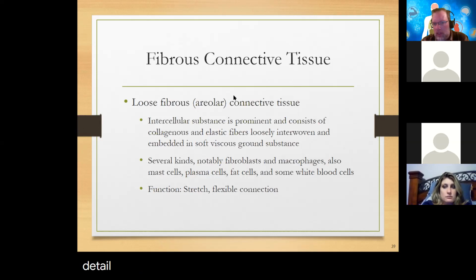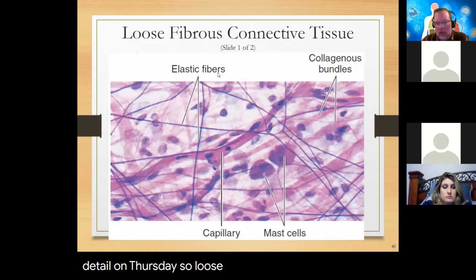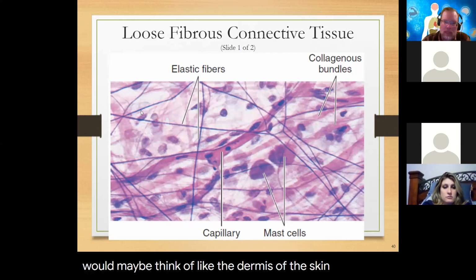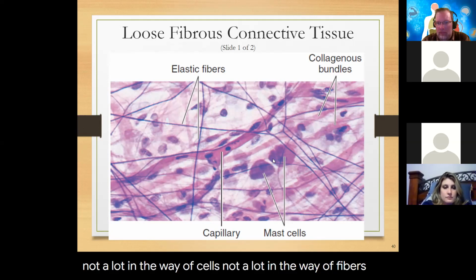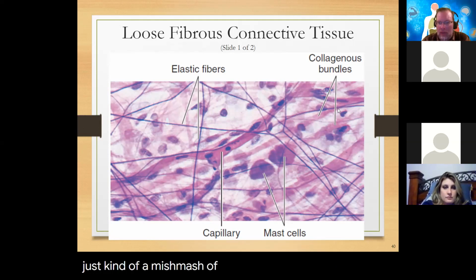So loose connective tissue, again, we would maybe think of the dermis of the skin. We see not a lot in the way of cells, not a lot in the way of fibers. It's just kind of a mishmash of a lot of stuff going on, and it's not very densely packed. We see a lot of negative space.